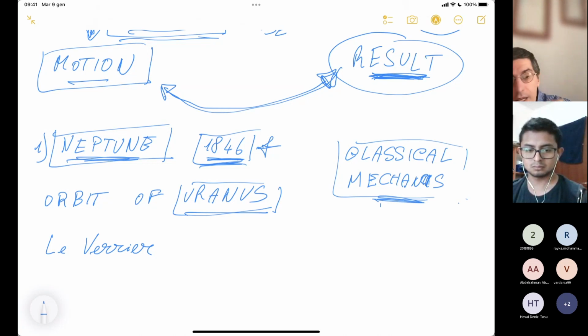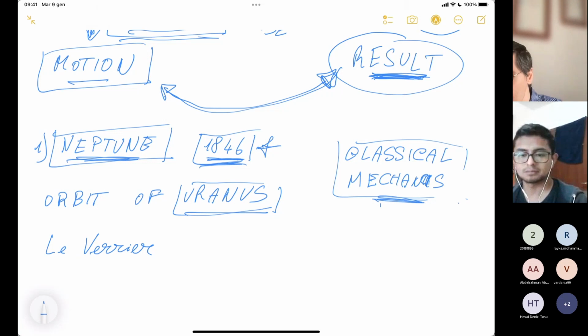And if we evaluate the orbit of this new planet in such a way that we properly correct the orbit of Uranus, we can predict where this new planet is.